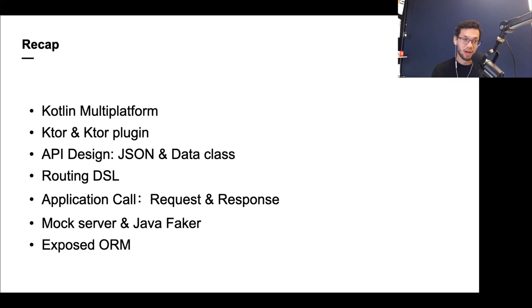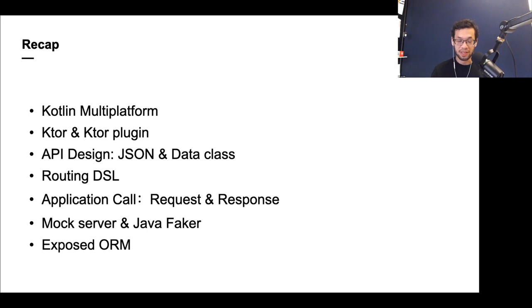And then we introduced how to write routing in your application. You can open up different HTTP methods and give different HTTP URLs to define your application routes using DSL syntax.